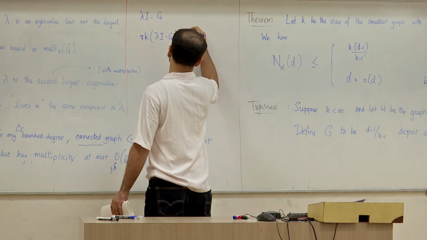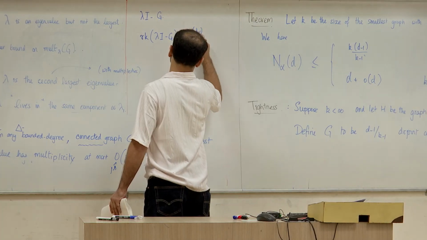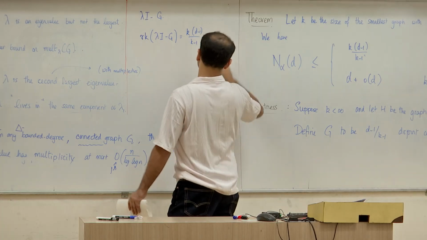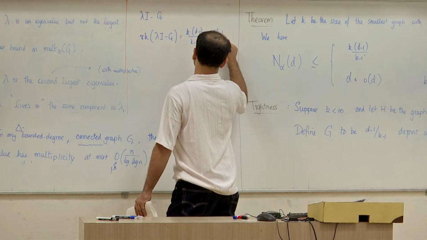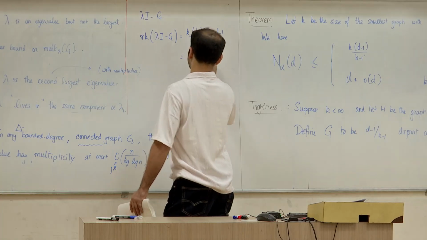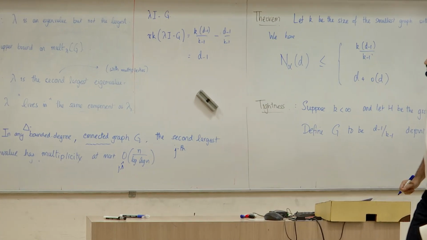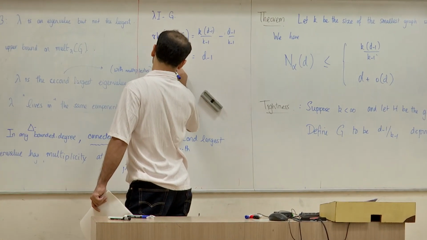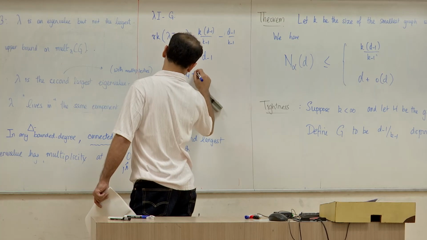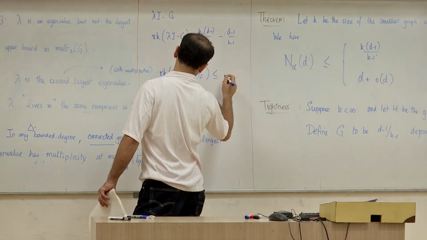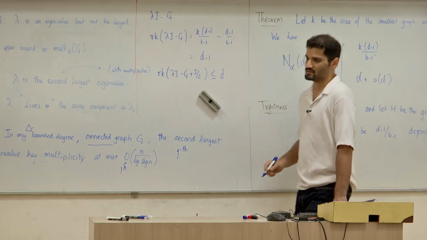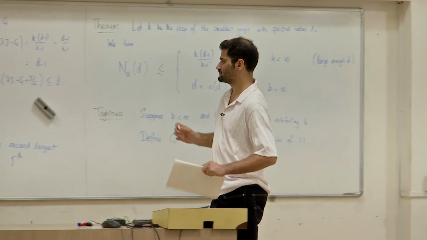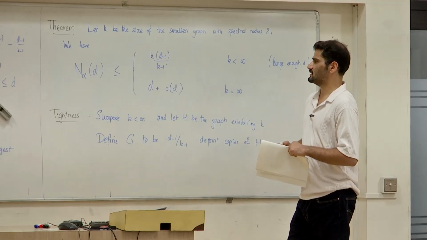So n is k(d minus 1) over (k minus 1) minus (d minus 1) over (k minus 1), which is equal to d minus 1. So this rank is d minus 1. But if I add J over 2, I get d. So this minus 1 actually matters, otherwise I would have gotten d plus 1. But yeah, this is the theorem.